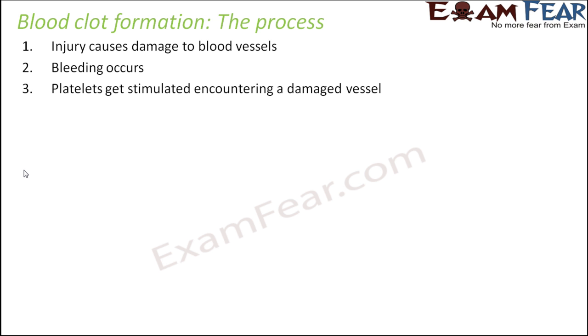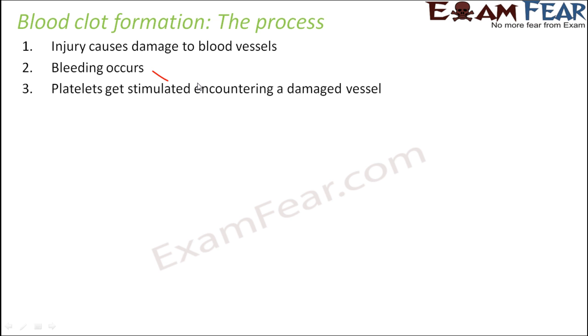Now, as soon as there is an injury, what is this blood? Blood is nothing but the plasma, the fluid-like structure which carries all other components along with it. Correct? Now what happens is the platelets get stimulated when they encounter a damaged vessel.